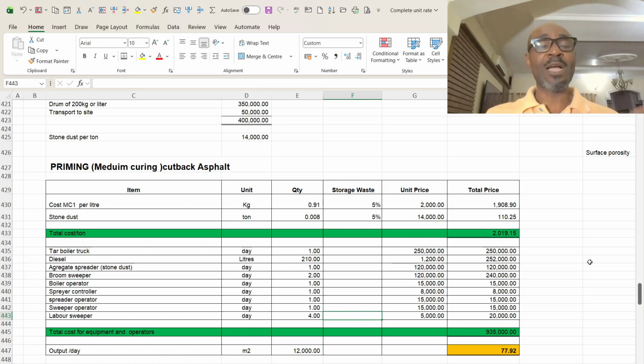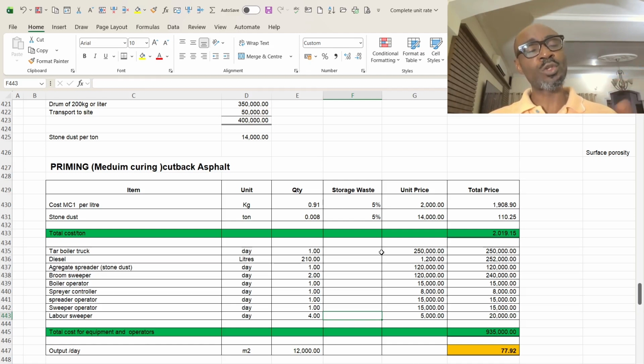As you can see on my screen, there are three major components in the building of this rate, which are labor, material, and equipment.